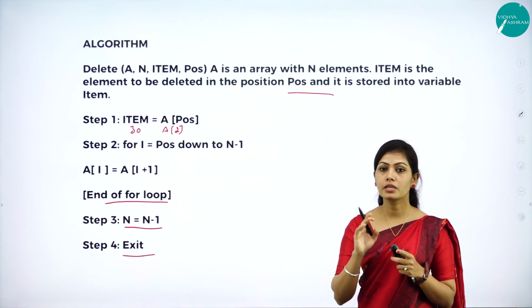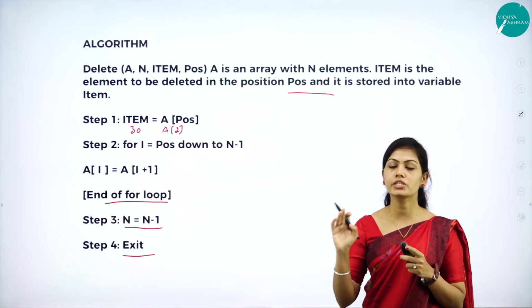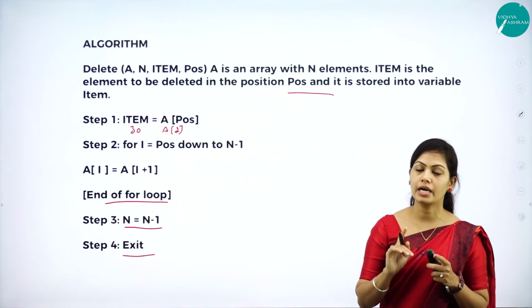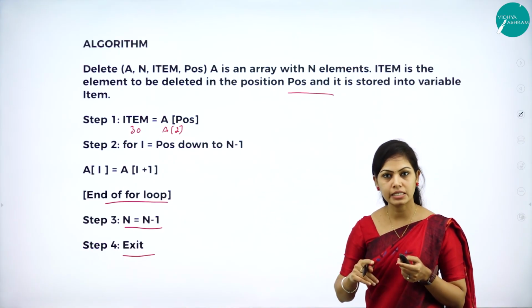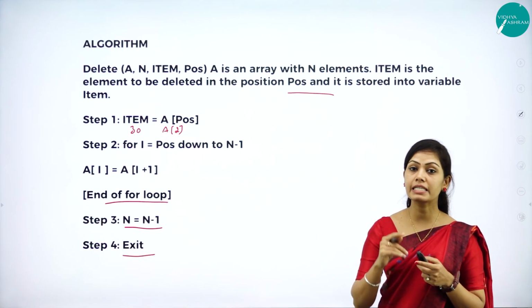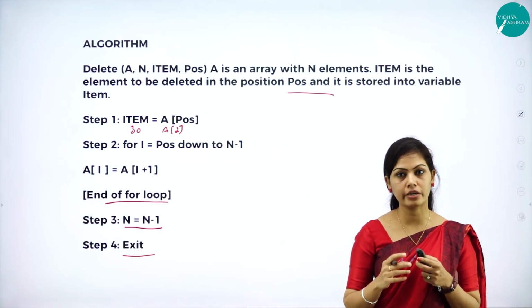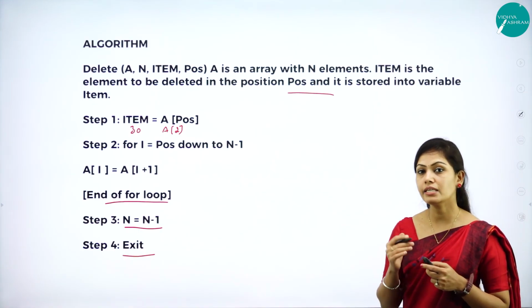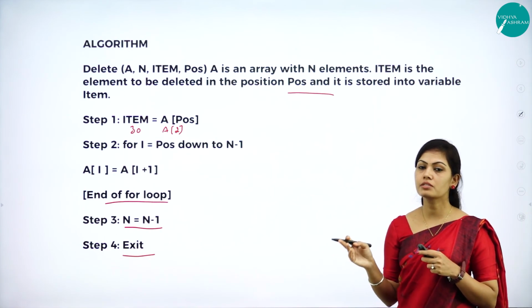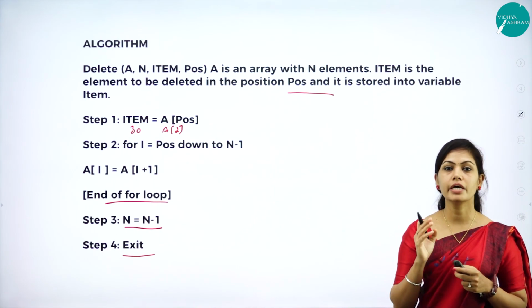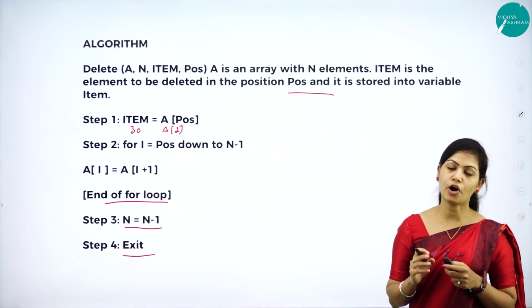And I have also discussed the deletion operation and the insertion operation. Inserting means inserting a new element into the array. Deletion means deleting an element from the array. Very important operations I have discussed today: traversing, insertion and deletion.